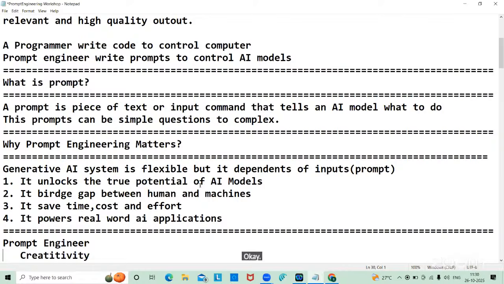Yeah, NareshIT is offering a prompt engineering course. You can attend whenever they start.